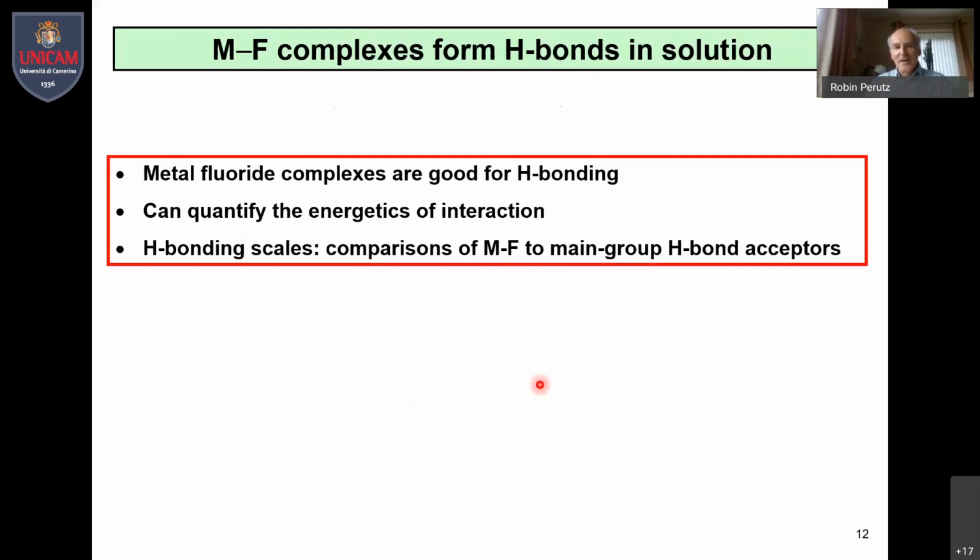And we can compare the energetics to those of ordinary hydrogen bond acceptors that are typically used by organic chemists. So we can put them on a scale of hydrogen bonding and see how strong they are as hydrogen bond acceptors.